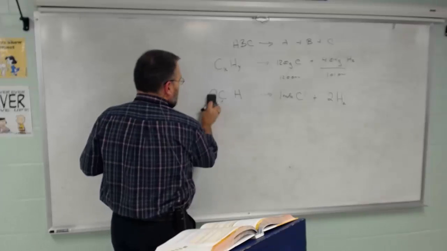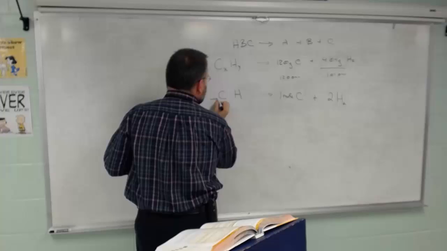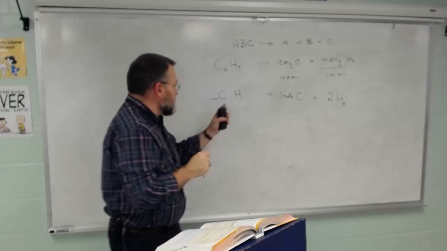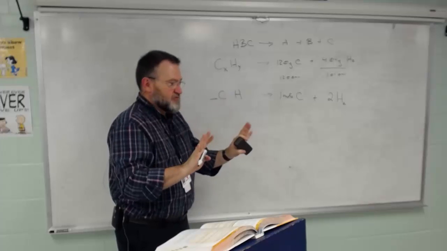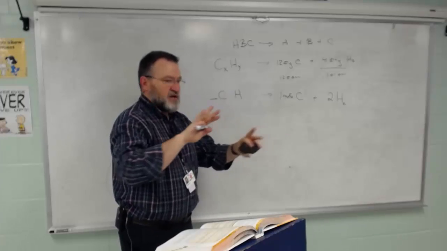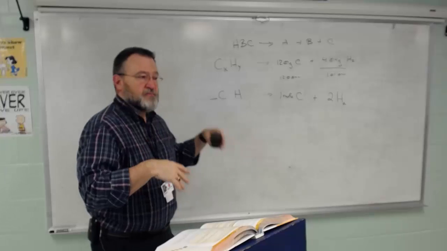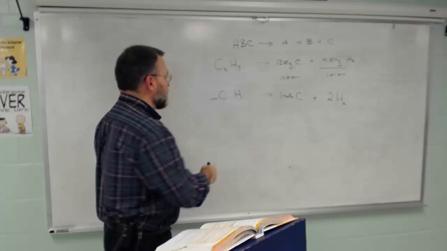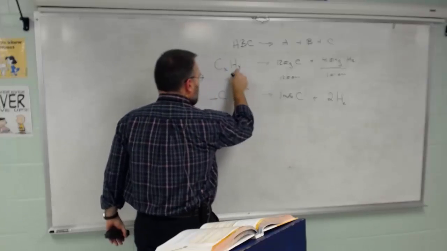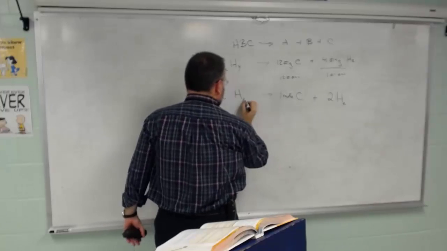I can either add a coefficient in the front, or now I am actually going to work with subscripts. This is the first time up till now where we've been able to touch the subscripts. That's been the domain of God, not us up to this point. Right now, we're not making this molecule. We're discovering how God has already put it together. The way he's put it together is an X of 1 and a Y of 2 sets of 2, which is 4.